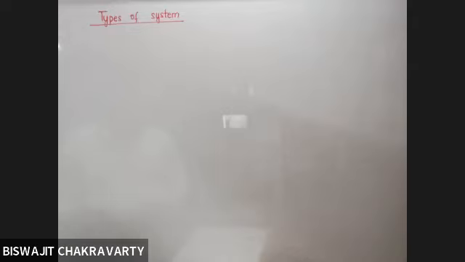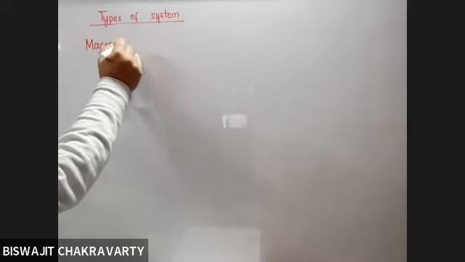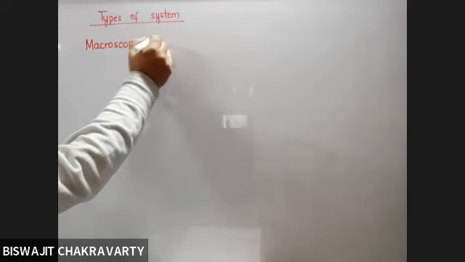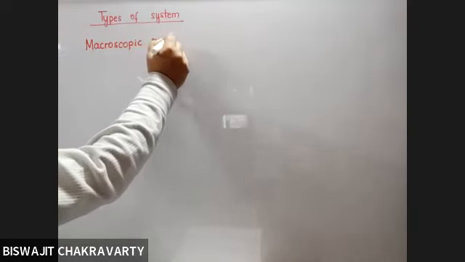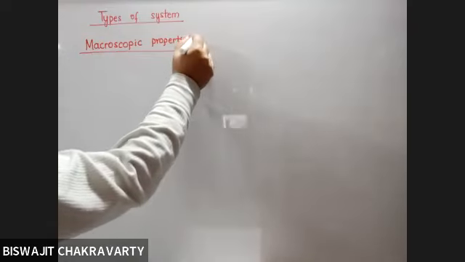So after discussion of the types of systems, we then talk about macroscopic properties. Macroscopic, as the name implies, stands for large quantities.